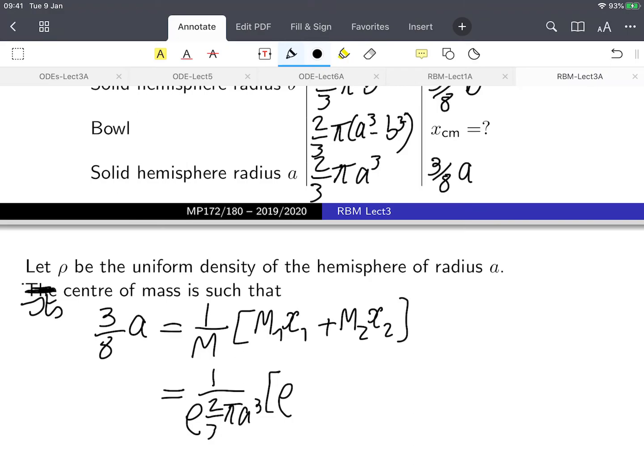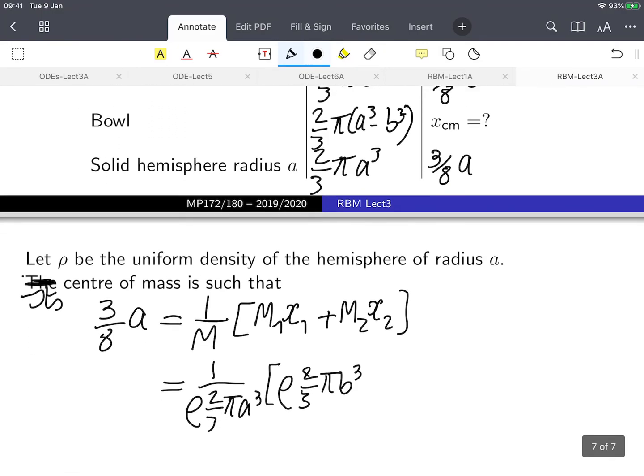So M1 is going to be rho V1, and V1 is 2/3 pi B cubed. The position of X1, I have it on top here, is 3/8 of B. And then M2 is going to be rho V2, which is 2/3 of pi (A cubed minus B cubed).